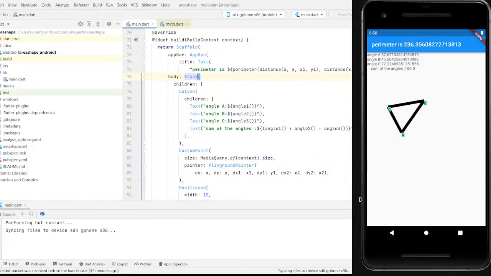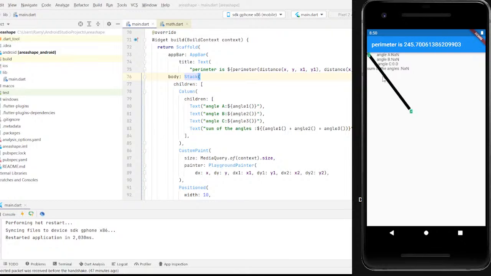Look, you see here there are the vertices of the triangle. As you see, they are stacked over each other. They are overlapping, so that's why I have to use the stack class.